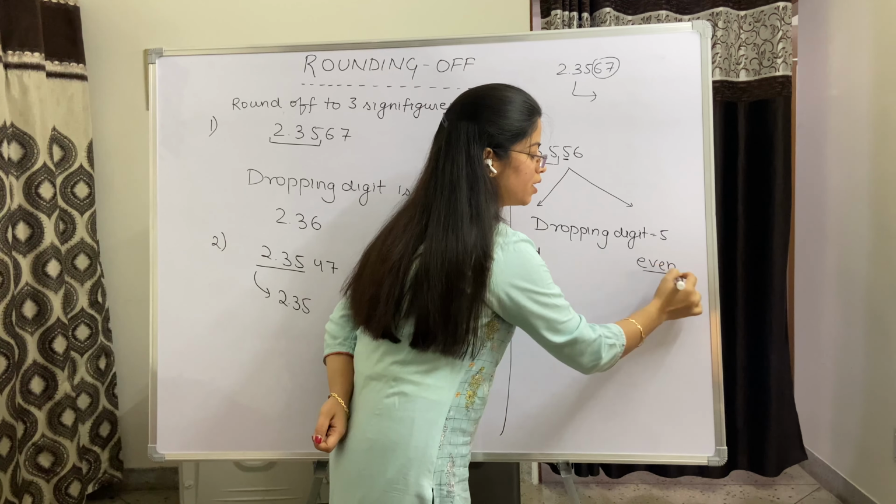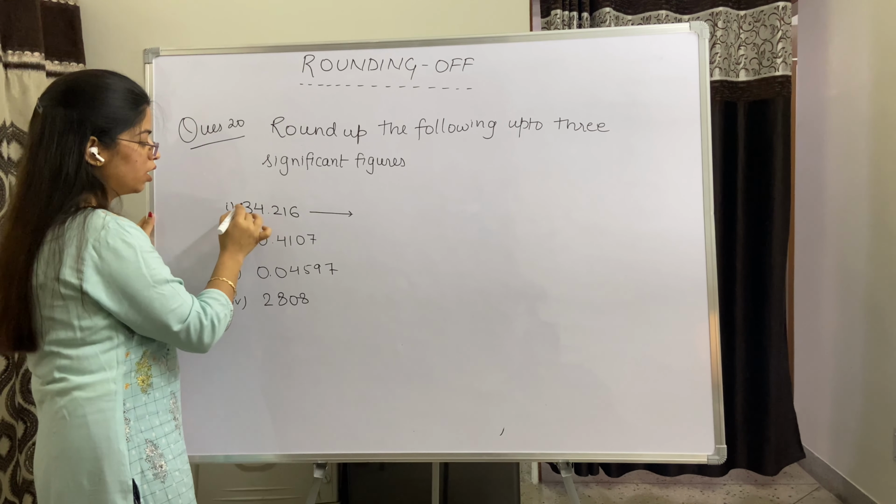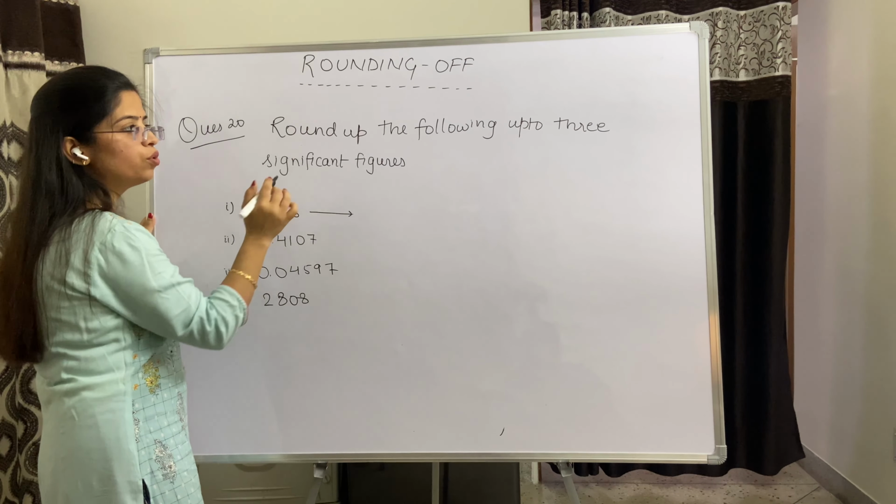In the first question it is given 34.216. Now we have to round it off up to 3 significant figures. It means these are the required numbers which we want. In this case, the dropping digit is 1. We will not see this number. We will just see the succeeding number which is present after 2.